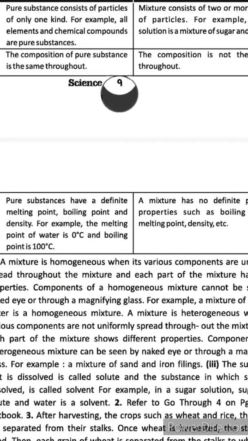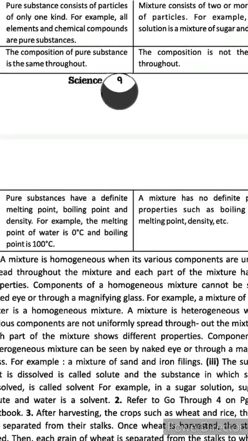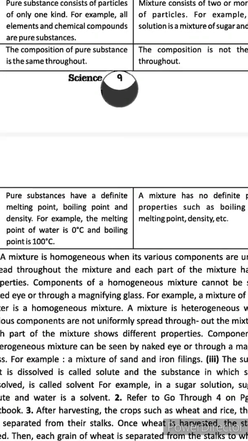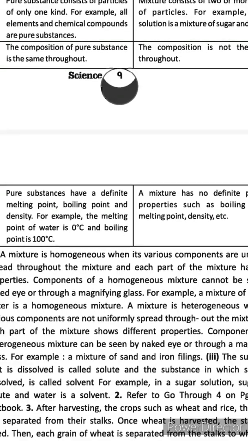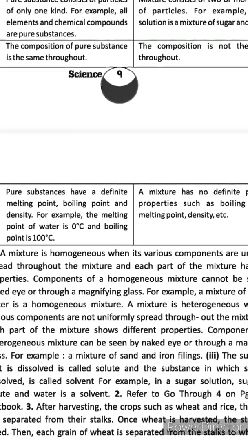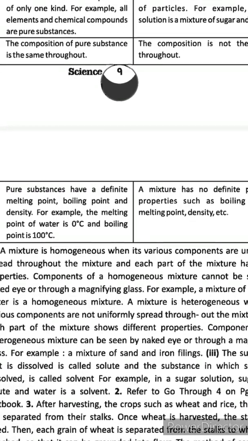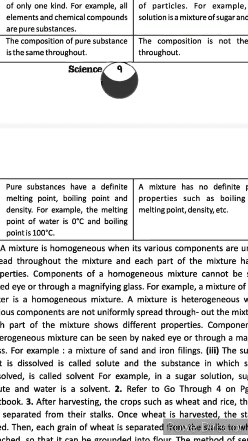Components of a heterogeneous mixture can be seen by naked eyes or through a magnifying glass. For example, a mixture of sand and iron filings. So, a mixture of sand and iron filings will be a heterogeneous mixture.